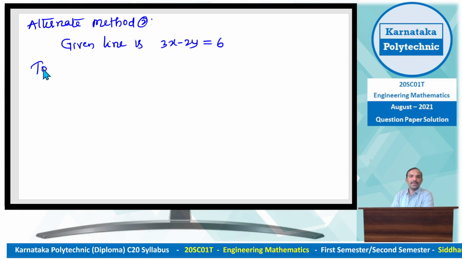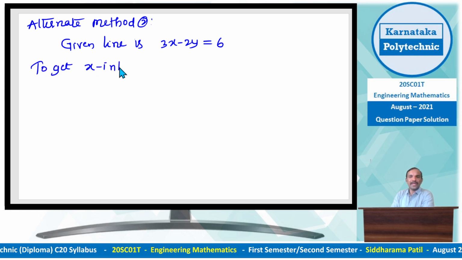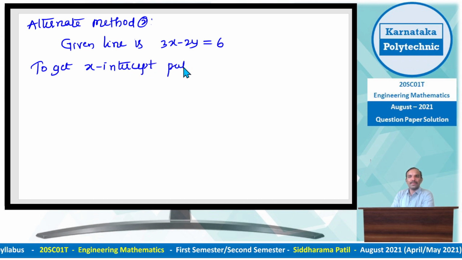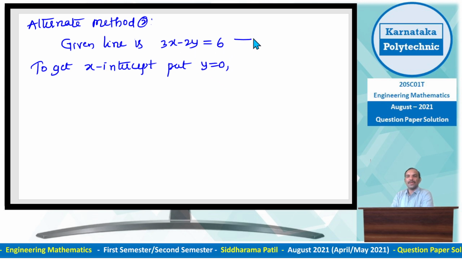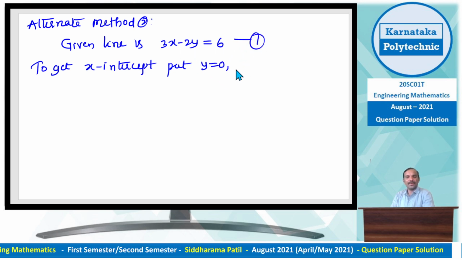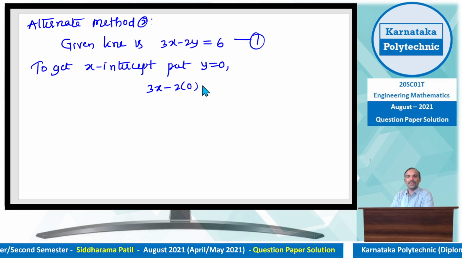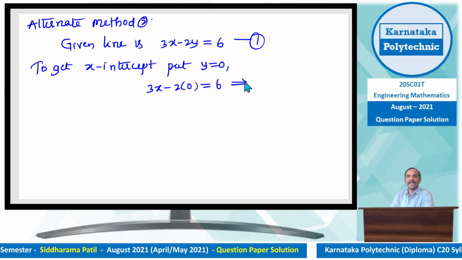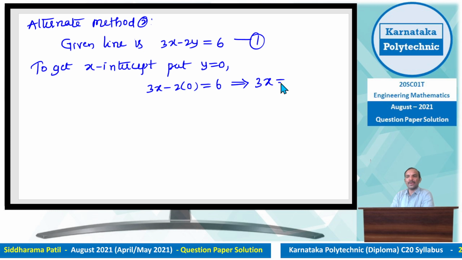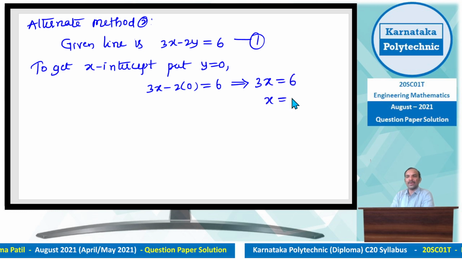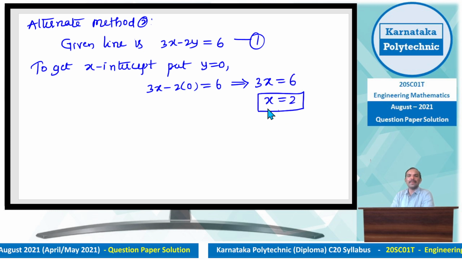Now, to get x intercept, put y equal to 0 in equation number 1. We get 3x minus 2 into 0 equal to 6, it implies 3x equal to 6, x equal to 2, this is the x intercept value.